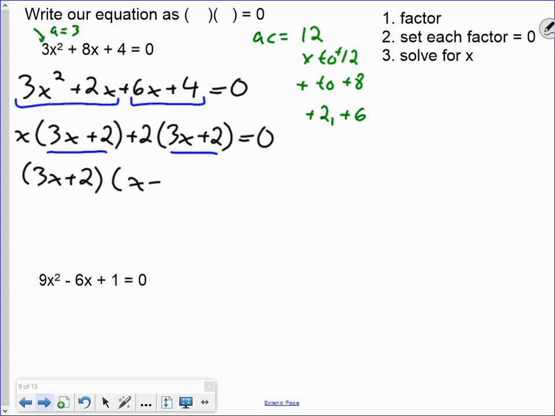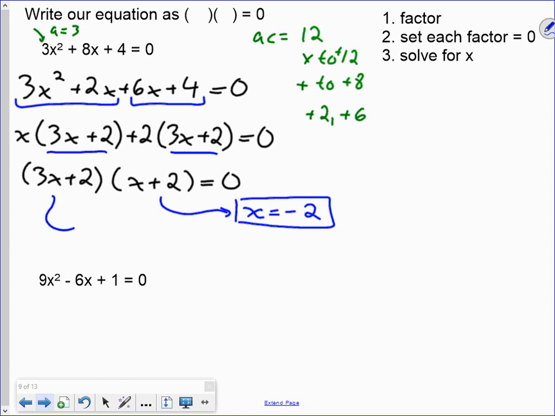And we're left with the x plus 2 is equal to 0. All right, what are our solutions? Well, our solutions are whatever is going to make these two factors equal to 0. This one here is pretty easy. I can see just by looking at it that if x is equal to negative 2, that factor is going to equal 0. This one here, I might have to do a little bit more work.